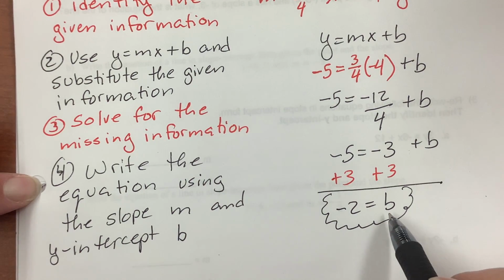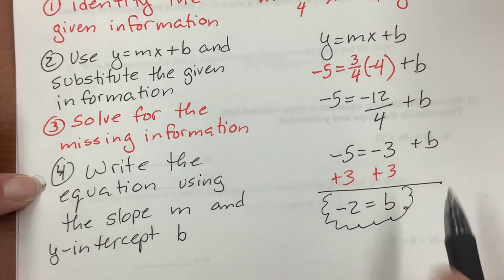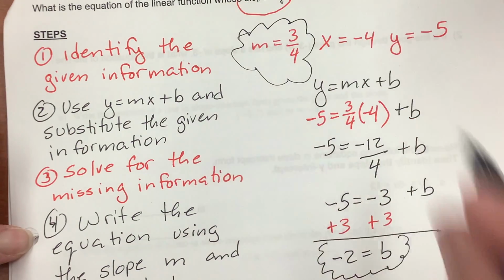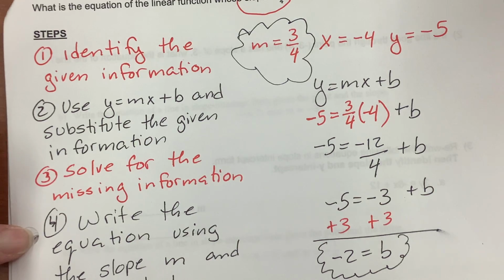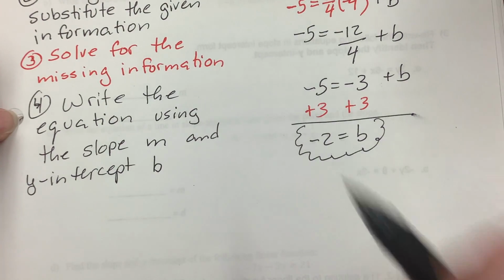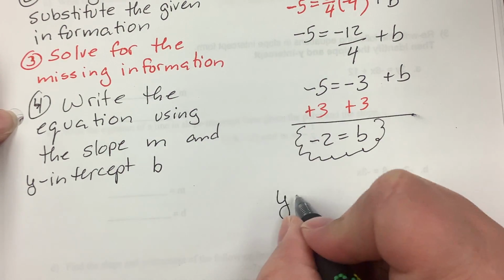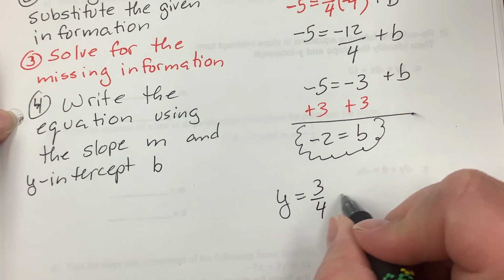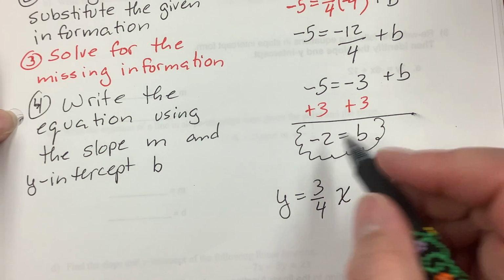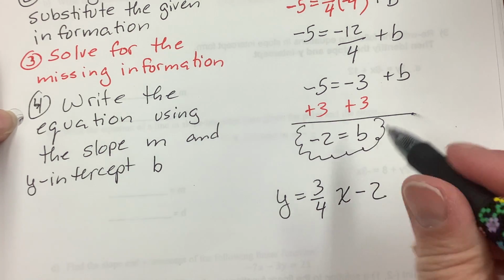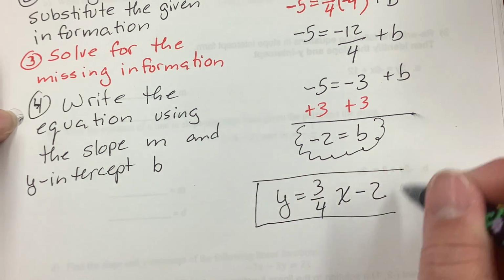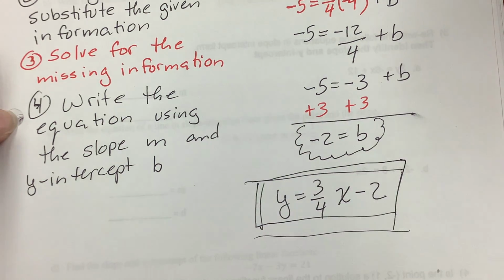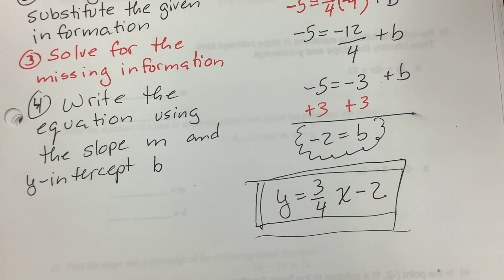All right, so I have the y-intercept. What was the slope? Oh, it was way up here. So I need this slope and this y-intercept, and I'm going to rewrite the equation: y equals slope 3/4 x, b minus 2. And that's what they were asking me for. So I don't need all that graphing. I can solve these problems algebraically.